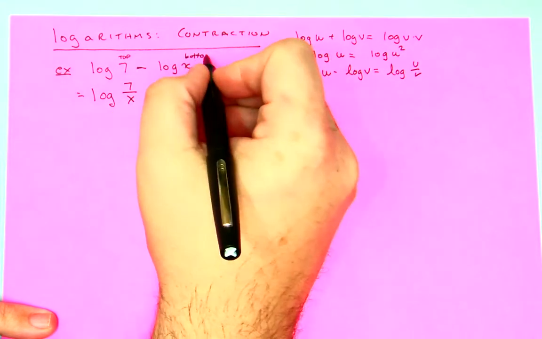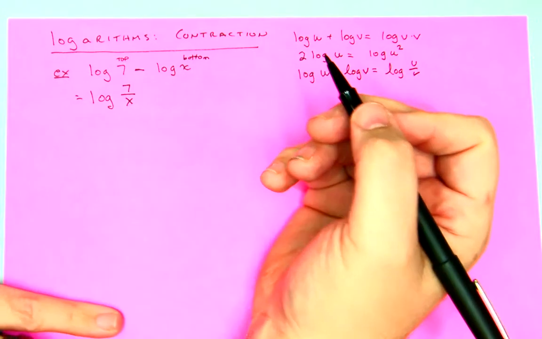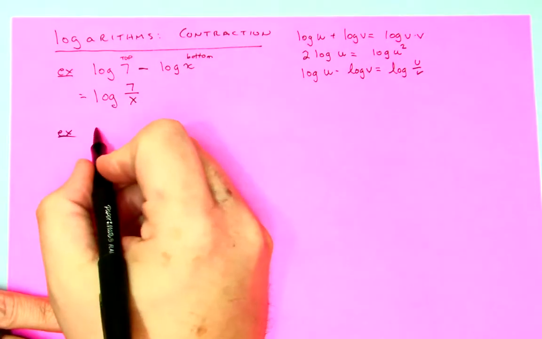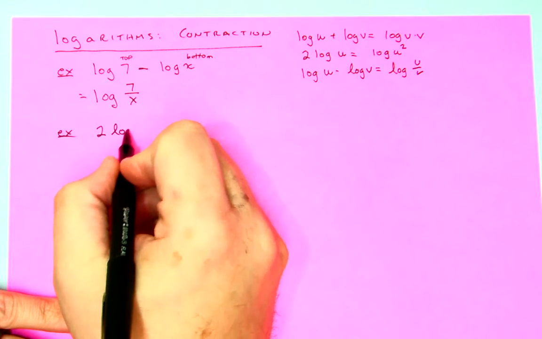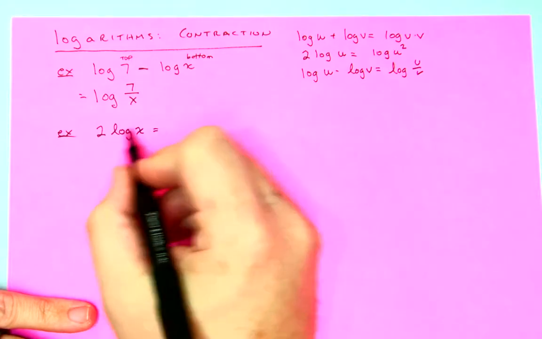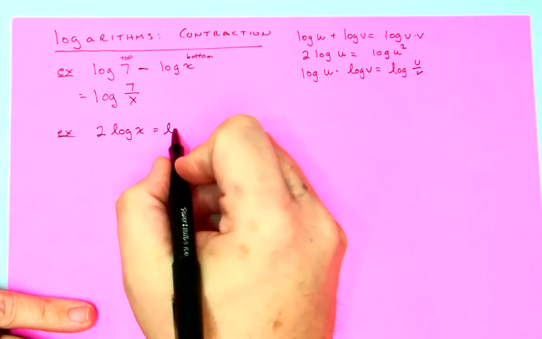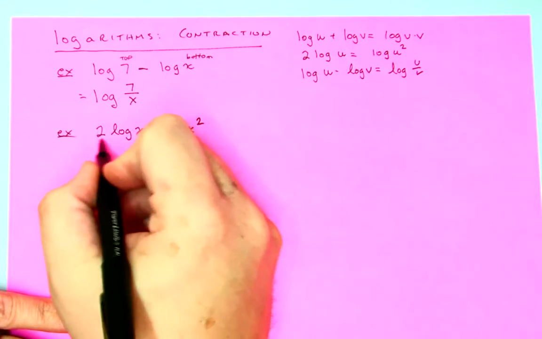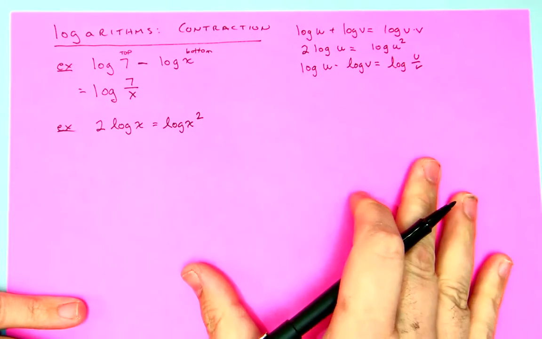Numerator, denominator. That's okay. If you have 2 times the log of x, combine that, it's the log of x squared, because this 2 represents a power.